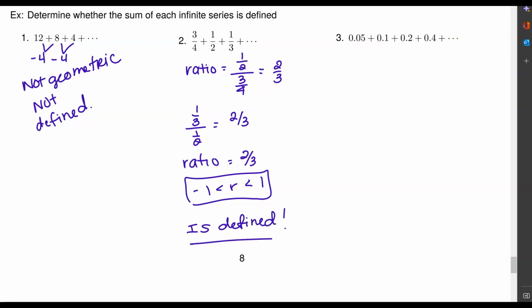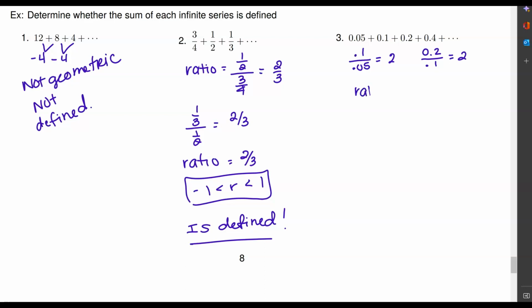Okay. Now looking at number 3, right, 0.05 to 0.1, so go ahead, take this ratio. And then we see that that's 2. Let's try again. So here I'm going to have 0.2 over 0.1. That's 2.